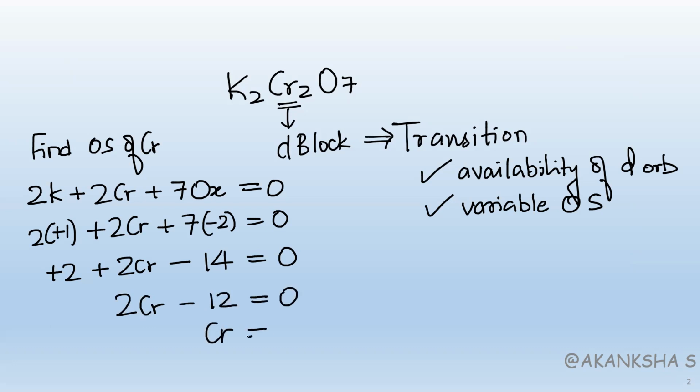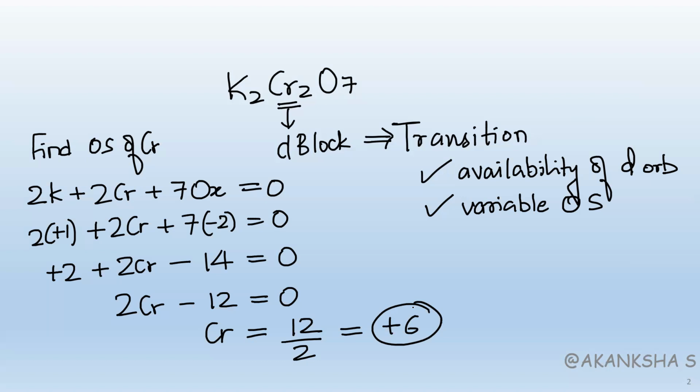Your chromium results in 12 upon 2, that is +6. So over here, your chromium is going to show +6 oxidation state. Finding oxidation state is relatively simple. Do let me know if you want any help or some practice exercises to understand how to find oxidation states of elements present in a compound.